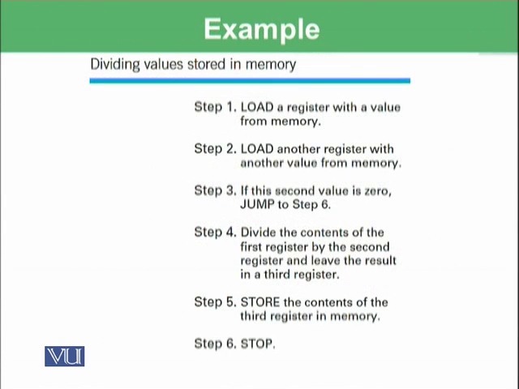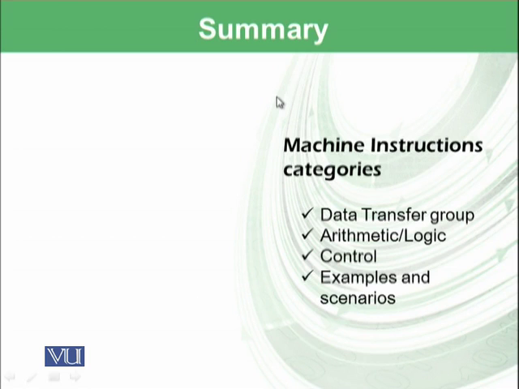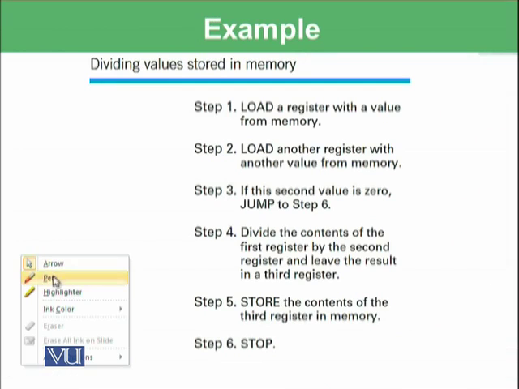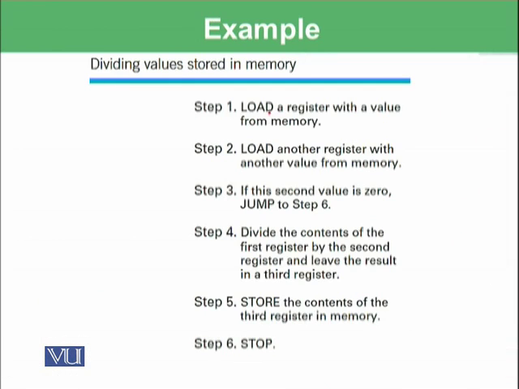For example, we want to divide one number by a second number. Our first step is load. You can see now we are not writing that we need to get information from RAM. We are saying load, which means load a value from RAM into the register, and then load another value from RAM into the register.